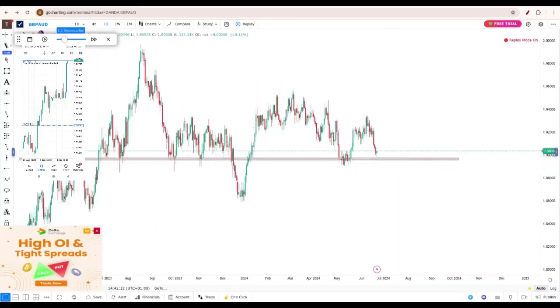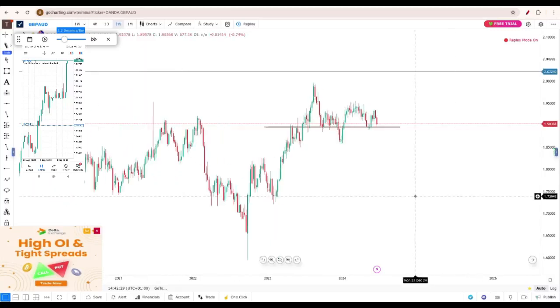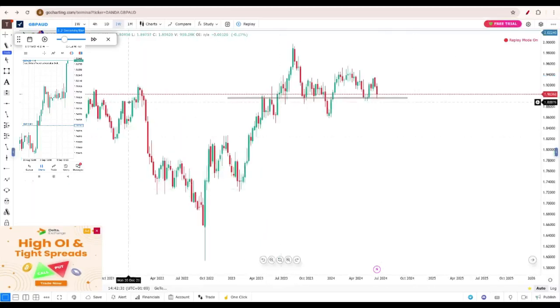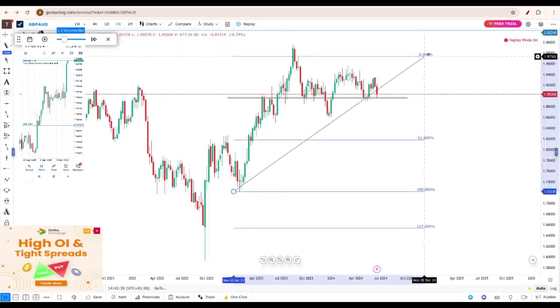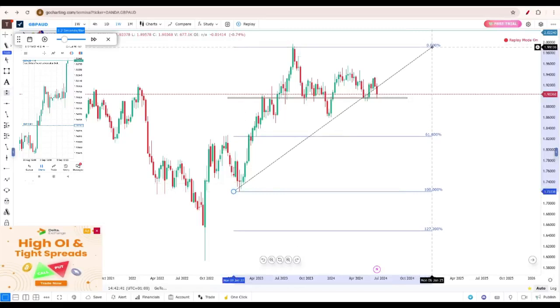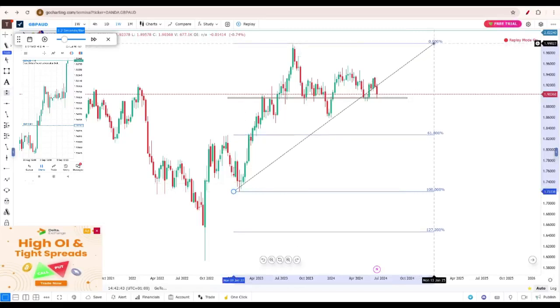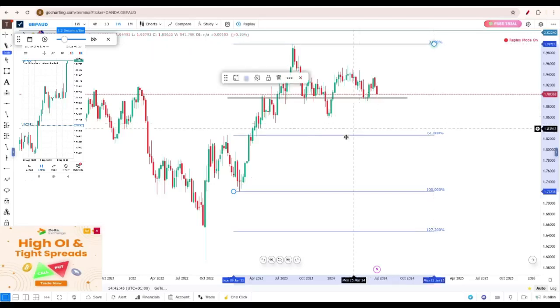Also the Fibonacci level I spoke about earlier. Let me show you exactly what it looks like. So you pick the low and the high.